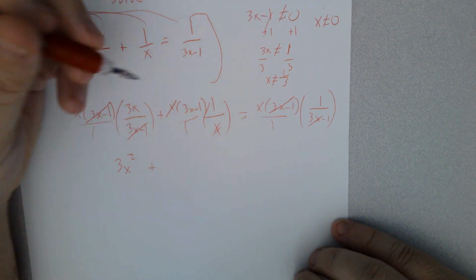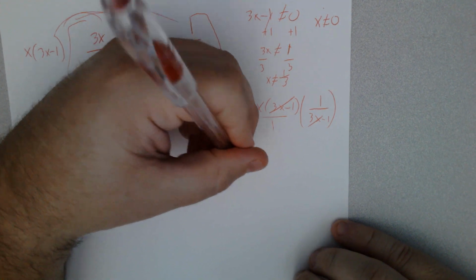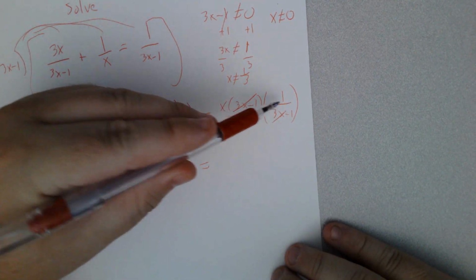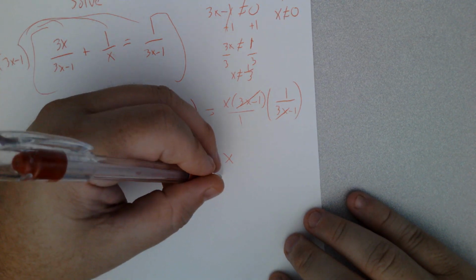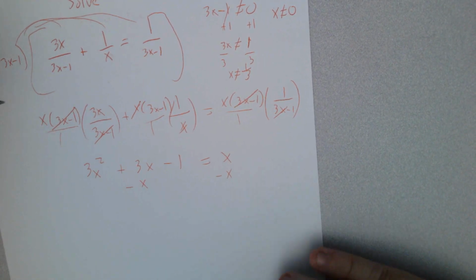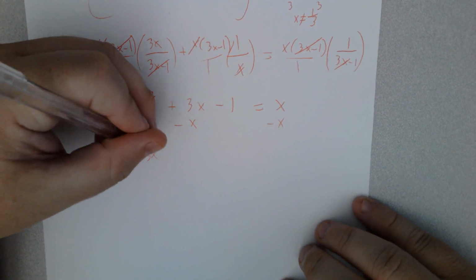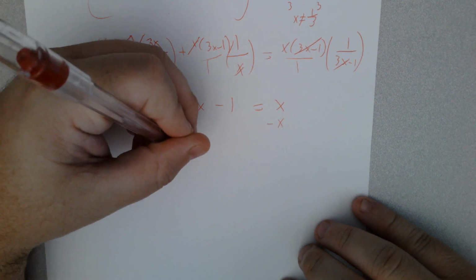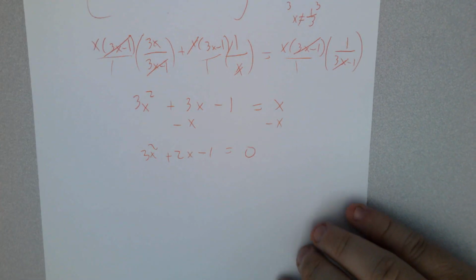Here we just have a 1 times 3x minus 1, which is still just 3x minus 1. And on this side, we have 1 times x, which is just x. So I'm going to subtract x from both sides to set this up as a quadratic equation equal to 0. And when I do that, I get 3x squared plus 2x minus 1 equals 0.